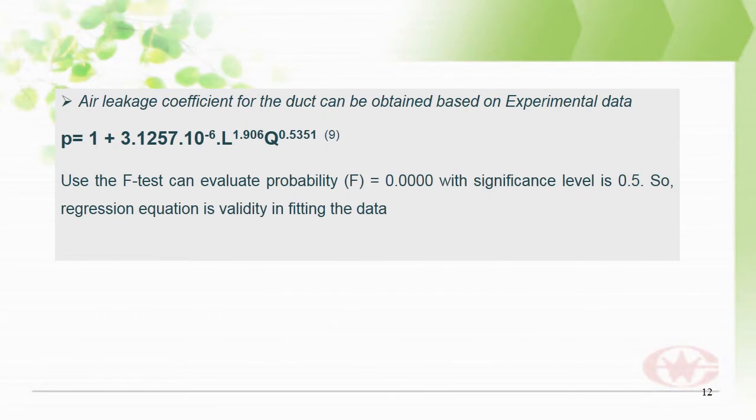The leakage coefficient for the duct can be obtained based on experimental data, presented by equation 9. Using the F-test, the probability is 0.0, and the significance level is 0.05. So, the regression equation is valid in fitting the data.